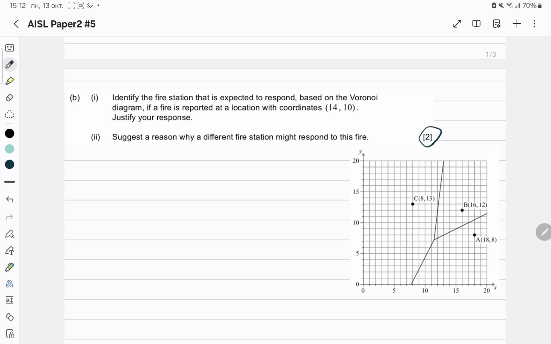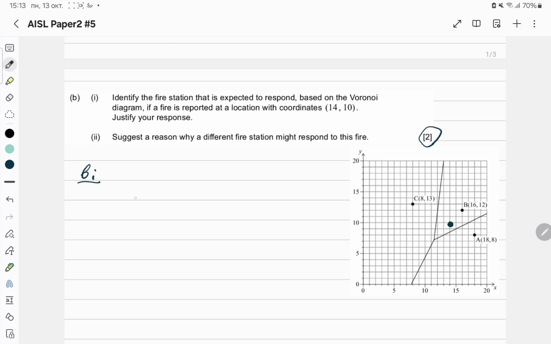We have 2 points, which means each point is 1 mark. So at B1, we can say that B is expected to respond since (14, 10) lies in the same cell as fire station B. So (14, 10) is here. Yes, (14, 10) is here, so it's enough.